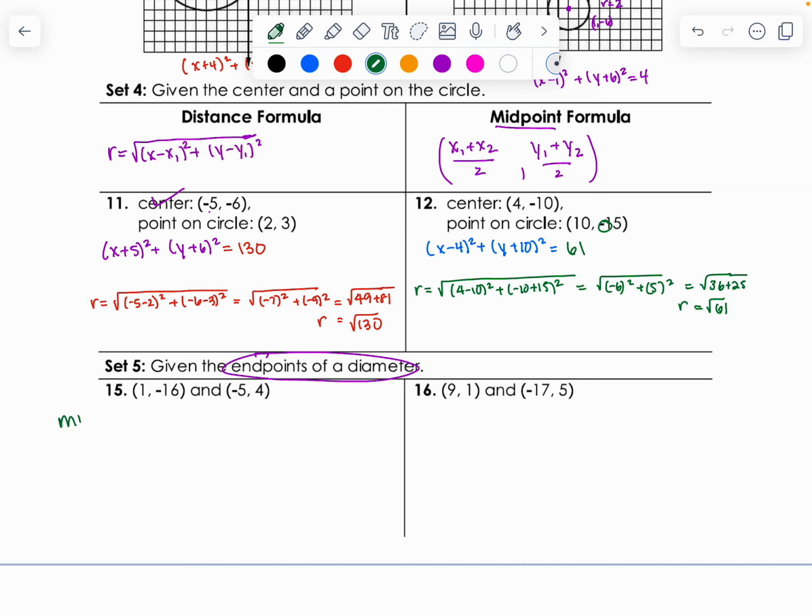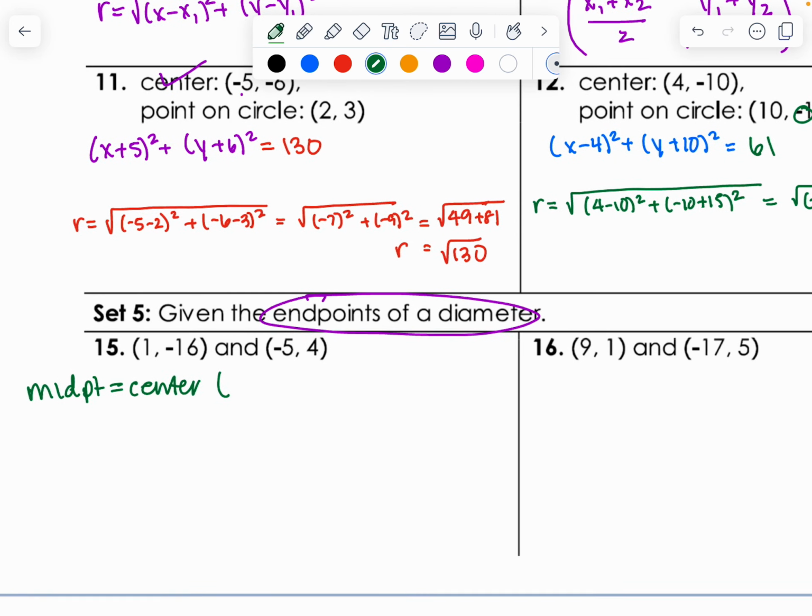But if I find the midpoint, which actually serves as the center, I want to average my x's, which is 1 plus a negative 5, divided by 2, and negative 16 plus 4 divided by 2. So that's going to be negative 4 over 2 and negative 12 over 2, which means negative 2, negative 6.